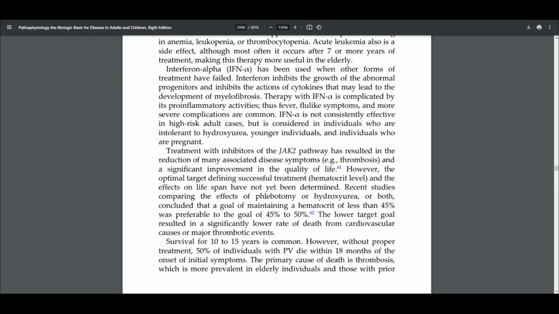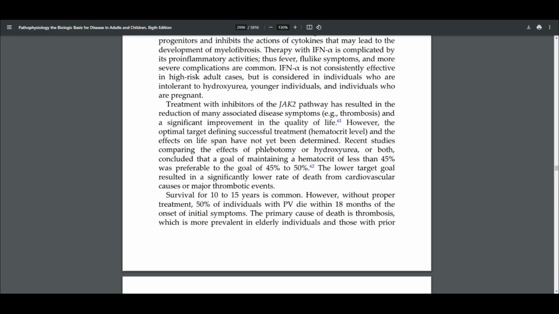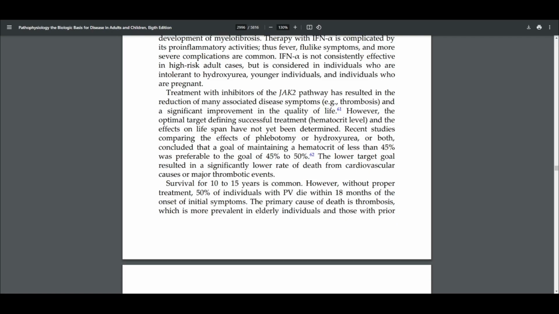Treatment with inhibitors of the JAK2 pathway has resulted in the reduction of many associated disease symptoms and a significant improvement in the quality of life. However, the optimal target defining successful treatment and the effects on lifespan have not yet been determined.